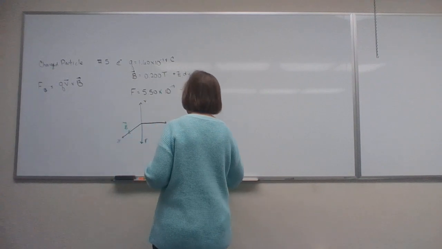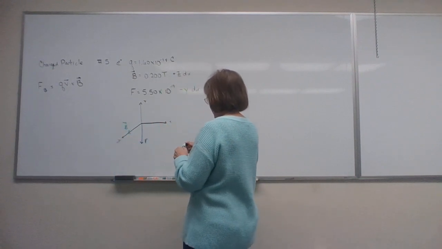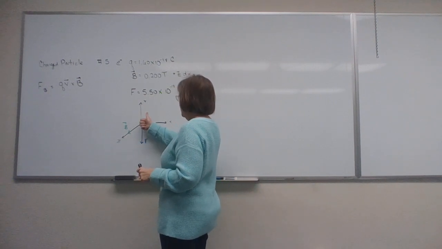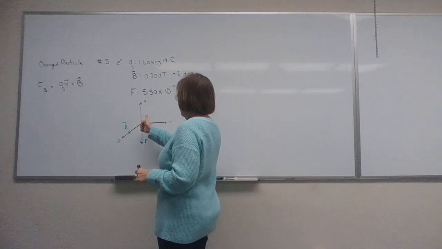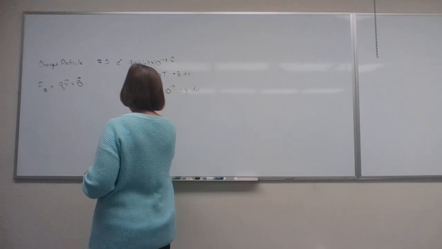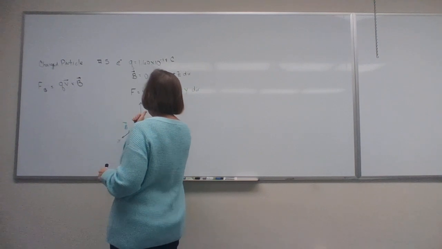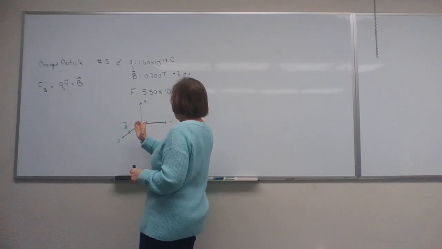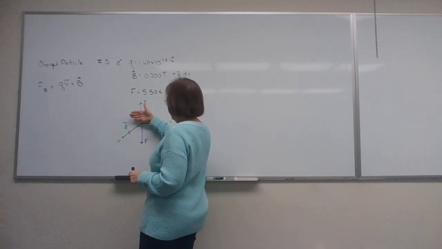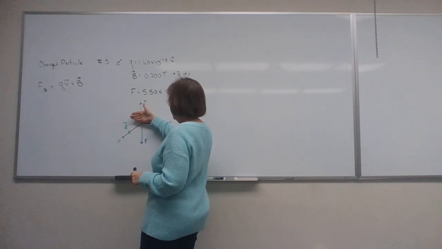See if we can think this through. If the force on a positive charge would be up, then V cross B, with B out of the board, almost seems like it could be moving in the negative x direction.